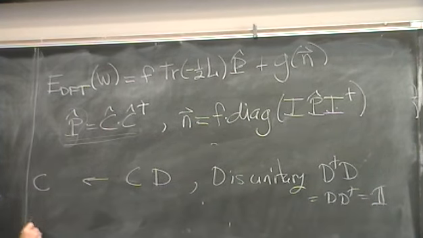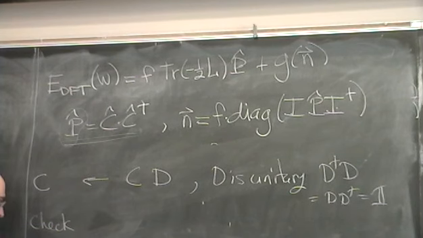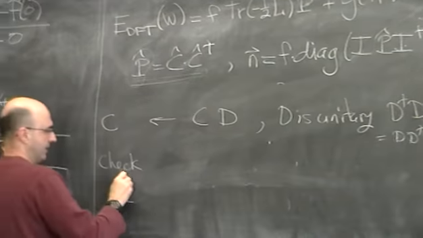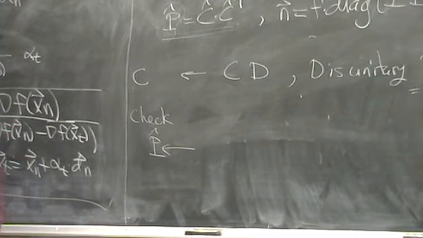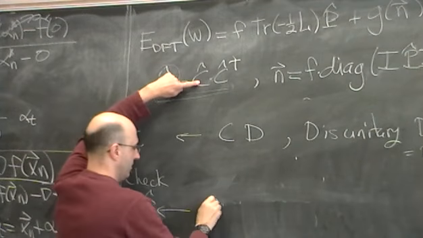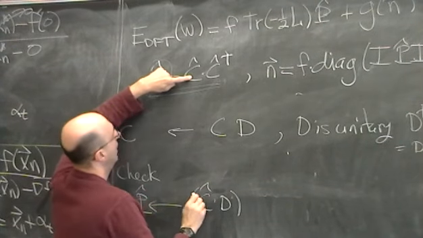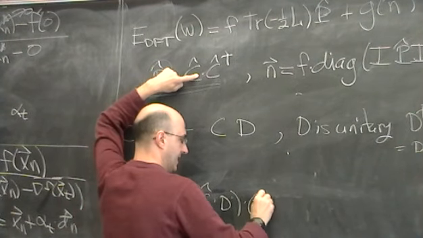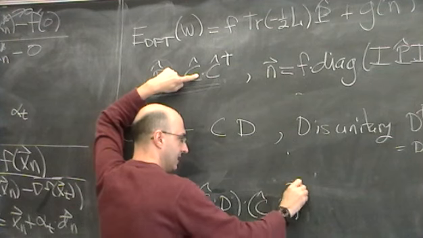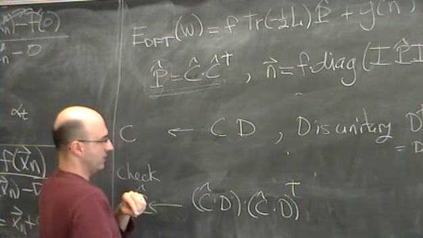If you want to check that, just notice what's going to happen to P under that transformation, and everything does depend upon P. C would go to C hat times D, times C hat dagger, which is C hat times D dagger. Remember, the C's are expansion coefficients.